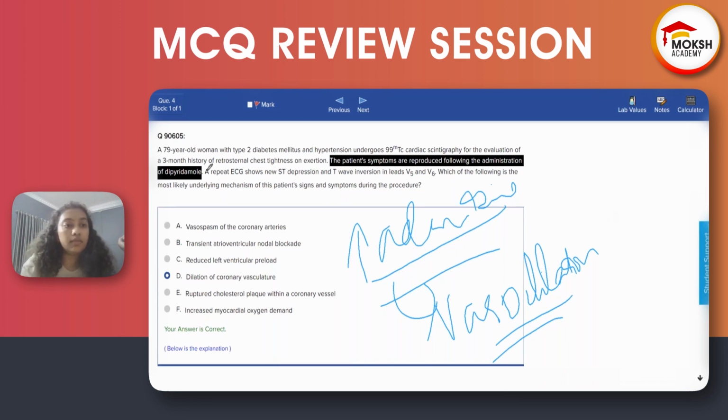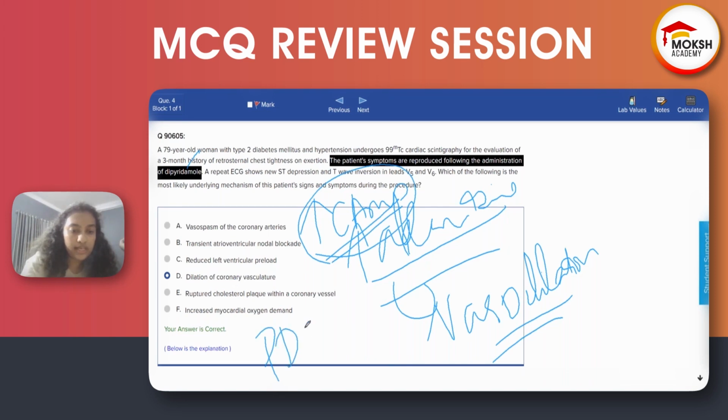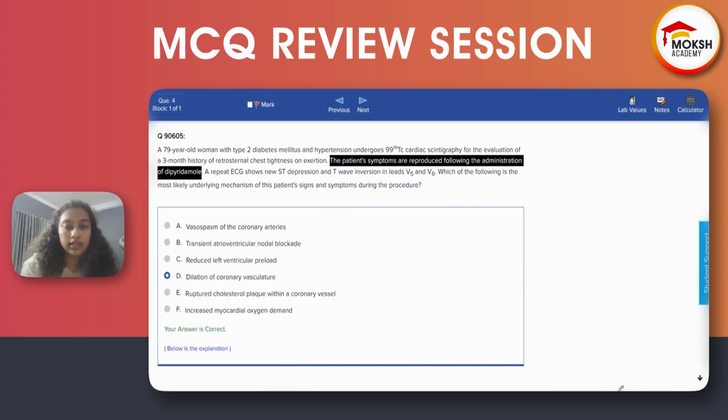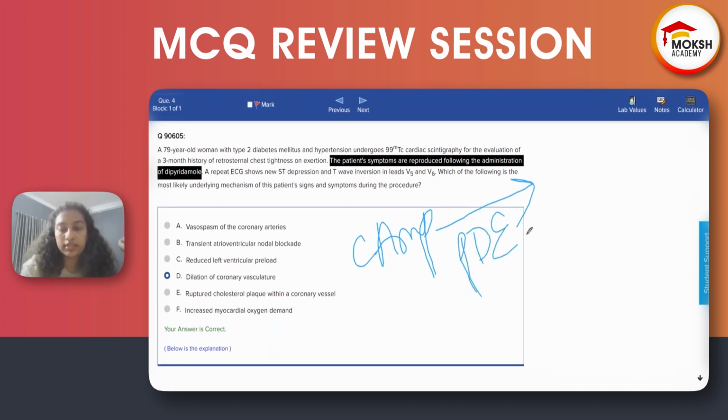Now, dipyridamole also causes an increase in cyclic AMP because it is a phosphodiesterase inhibitor. You know how phosphodiesterase works? Cyclic AMP, which is formed, should be degraded by phosphodiesterase into degradation products.